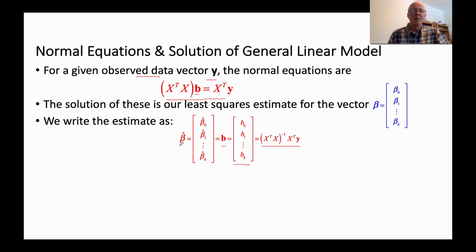I'm also calling this now beta hat, where again, I wanted to make that beta boldface. It is a little bit bigger than these. This is a vector: beta 0 hat, beta 1 hat through beta k hat. What are the beta hats? It's just emphasizing that these are estimates for beta. In statistics, we often put hats above variables when we're emphasizing that these things are estimates or predicted values of an unknown parameter.